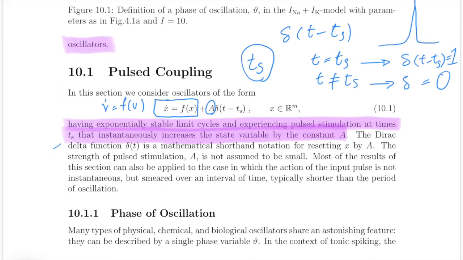So if the time is equal to ts, then you have this spiking, and then it is going to be reset to its initial state. That instantly increases the state variable by the constant a.